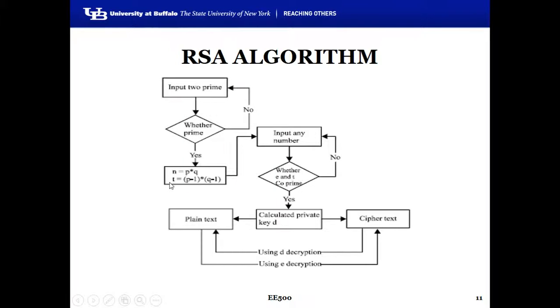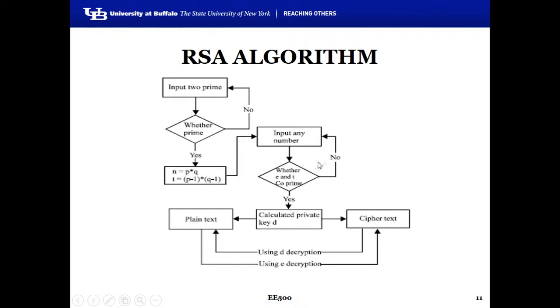Next, t, which is (p minus 1) times (q minus 1). Now, the third step is to input any number which is between 1 and t and is a coprime of the value t.